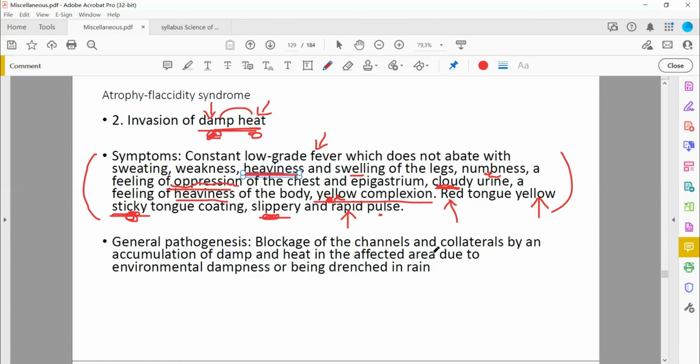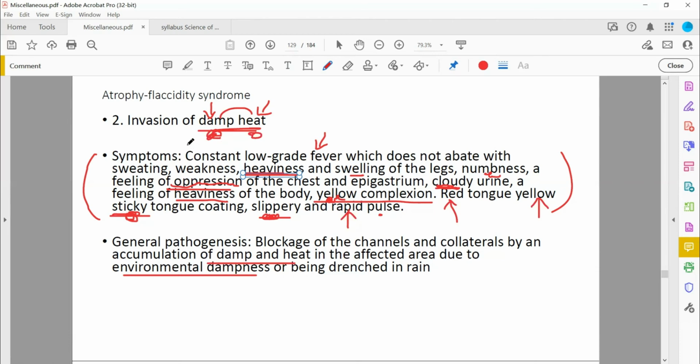Blockage of the channels and collaterals by an accumulation of damp heat in the affected area, due to environmental dampness or being drenched in rain. Environmental dampness means there's something in the environment, some virus or fungus or bacteria that invaded the body.